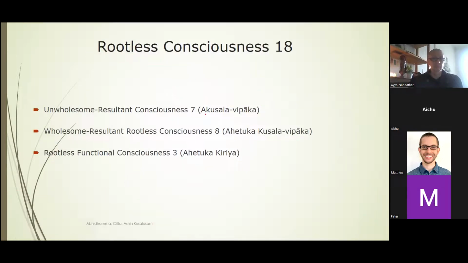Here, why is it different? Here in Pali words, akusala vipaka, unwholesome resultant consciousness. Here it is not only kusala vipaka. Why is this one here? Here without ahetuka, here also with ahetuka.